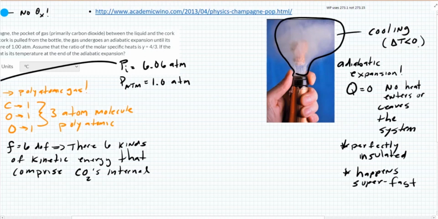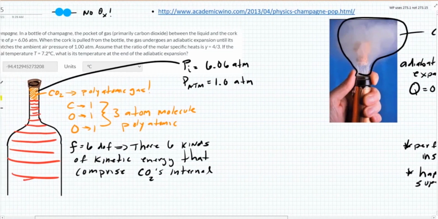The temperature decreases because heat doesn't have a chance to flow into or out of the system. And as it cools, it starts to condense. You go from gas to liquid, and that's why you see that fog. Those are like little vapor droplets. So a lot going on in this problem, that is for sure.